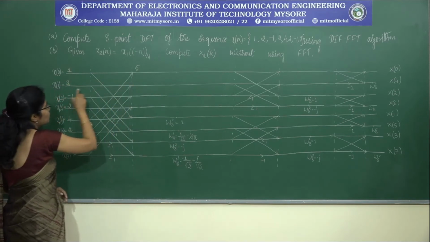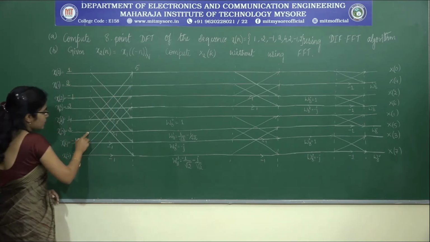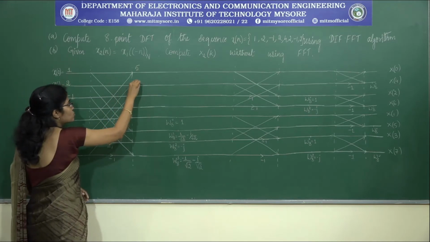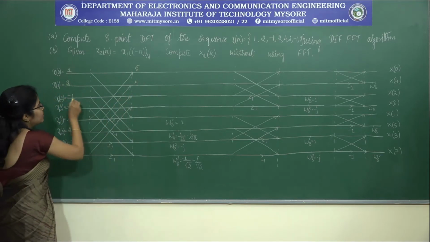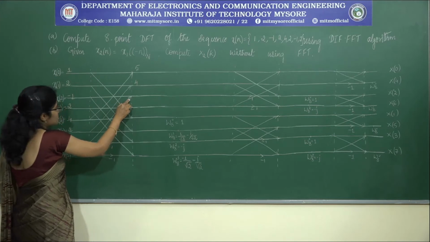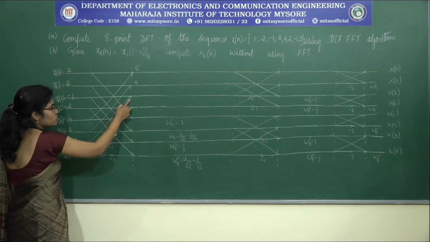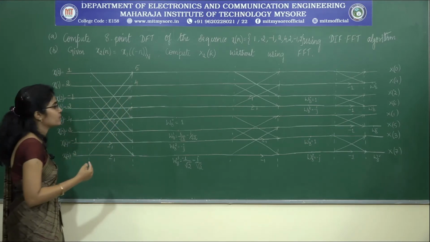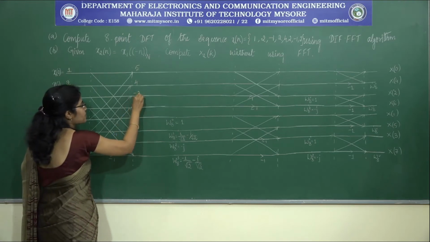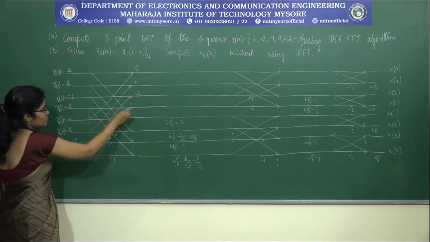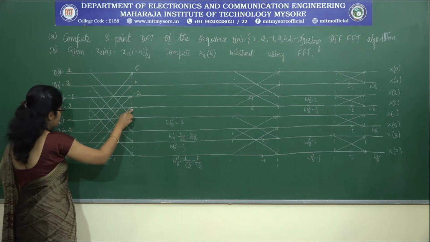Again at this particular point the data is 2 and here also the data is 2, 2 plus 2 is 4. From this branch the data which we are getting is minus 1 and from this branch also minus 1, minus 1, minus 1 gives us minus 2. Now coming to this point, here the data is 2.